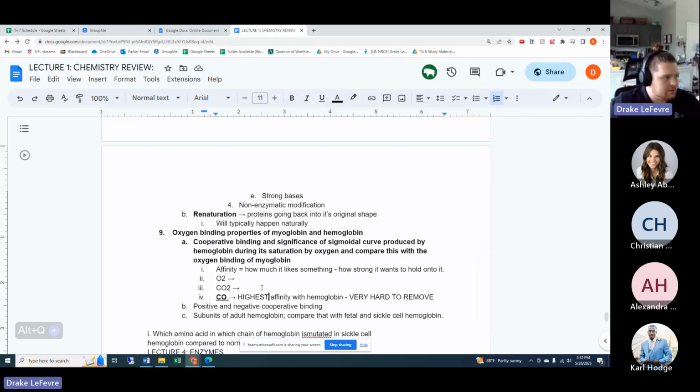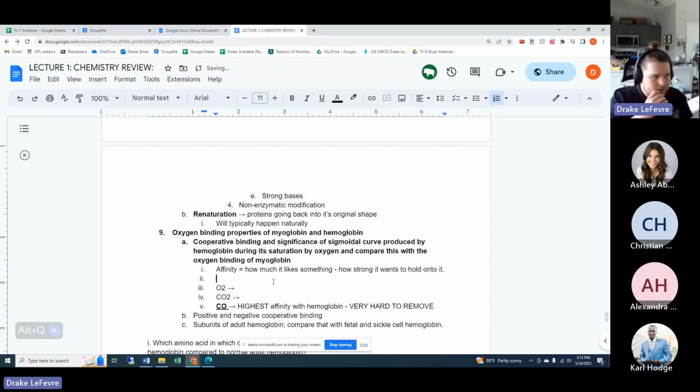And then oxygen and CO2, their affinity is going to change. You'll talk a lot more about that in physiology 1, about what sort of things change the affinity of hemoglobin to whether it wants to bind or release oxygen or carbon dioxide. We don't really get into that in this class, but that'll be next trimester.